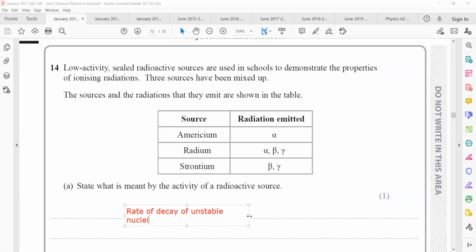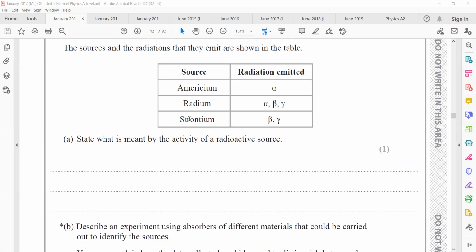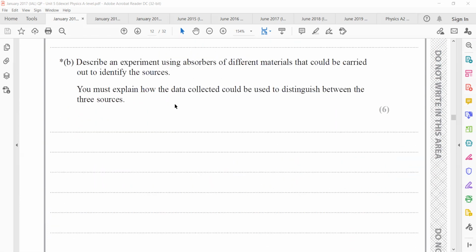That refers to activity: the number of radioactive nuclei that disintegrate or decay per second.